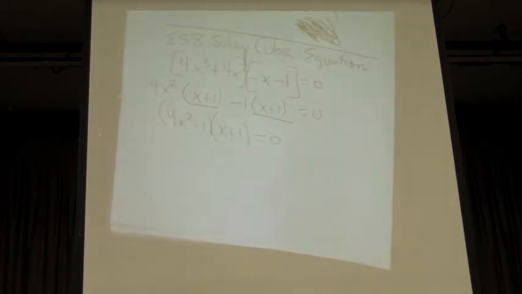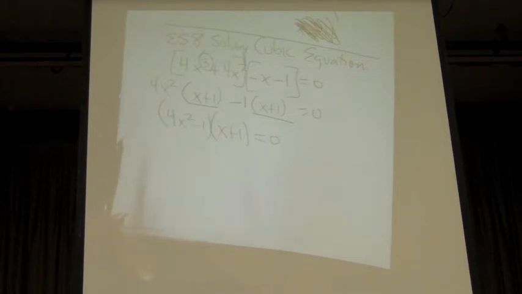You do not write x plus 1 twice. And this problem is solving, so we have to finish solving it. How many solutions will there be? 3. Solving a cubic equation has 3 solutions.